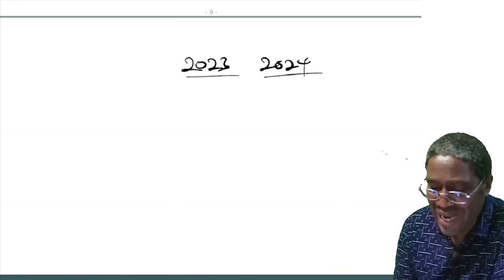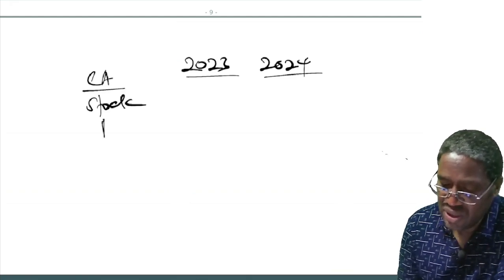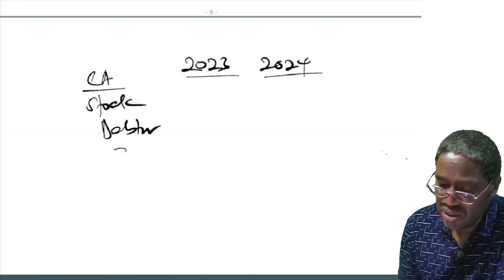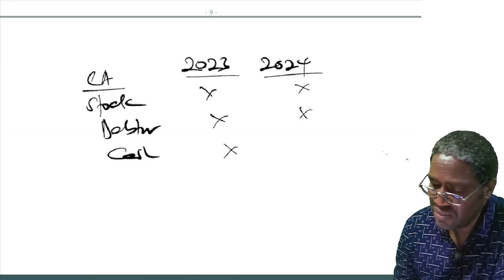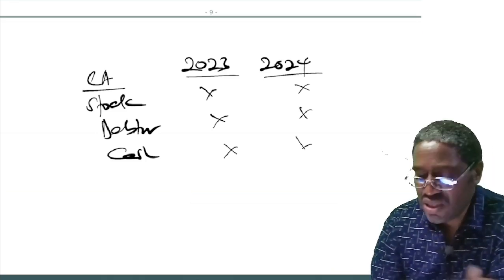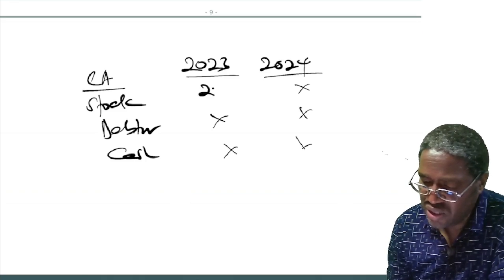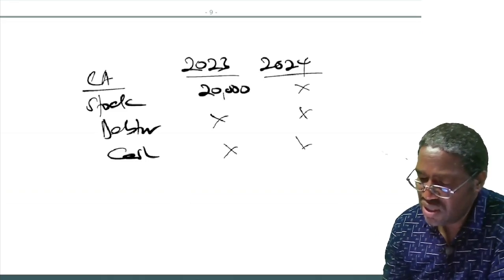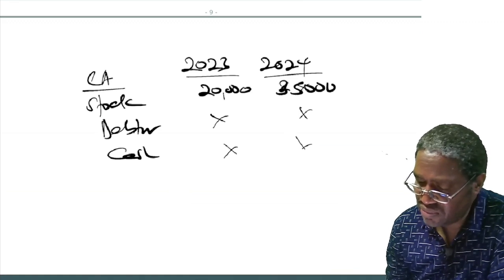Among the current assets, you have stocks, debtors, less cash, whatever it is. Let us assume stocks last year were 20,000. This year, the end of this year, stocks are 35,000.